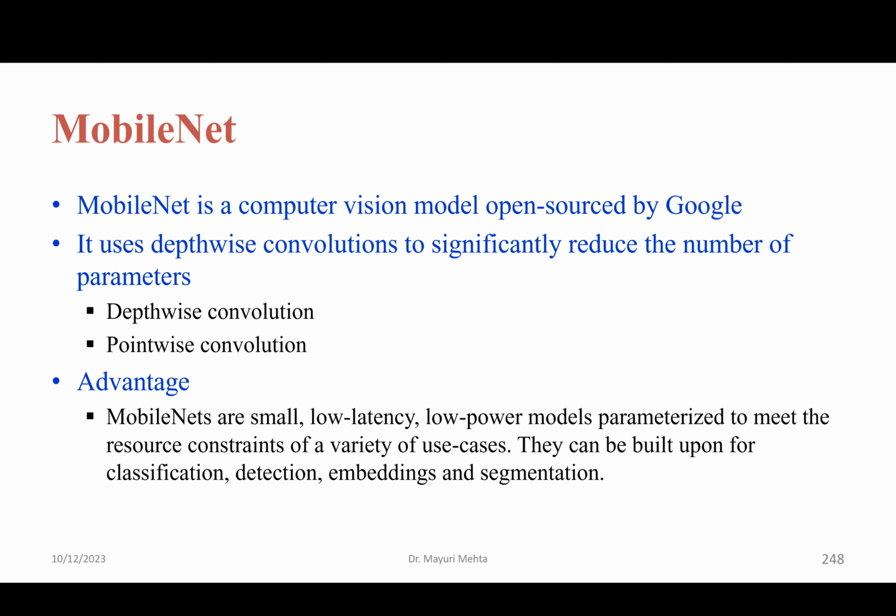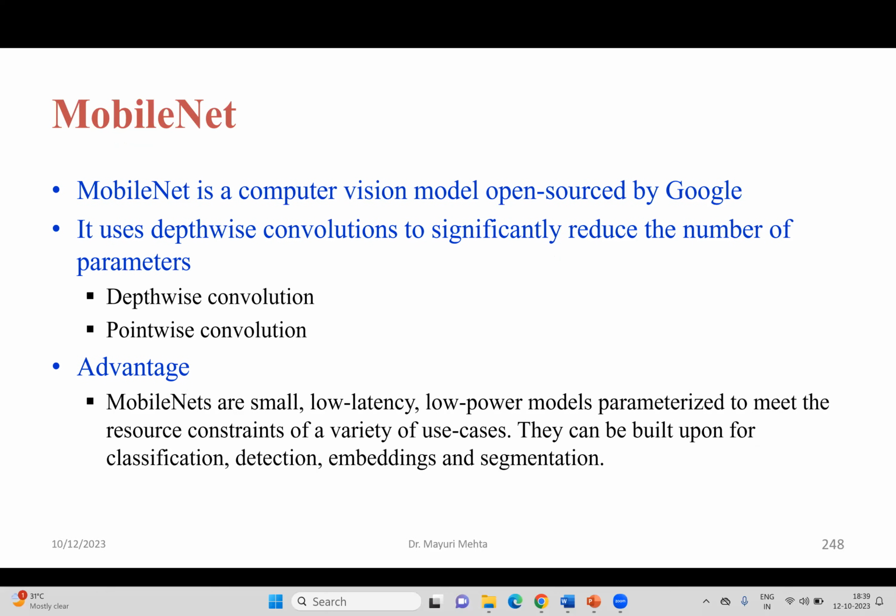So MobileNets are small, low latency, low power models parameterized to meet the resource constraints of a variety of use cases. And they can be built upon for classification, detection, embedding, and segmentation, like all the different tasks of computer vision.